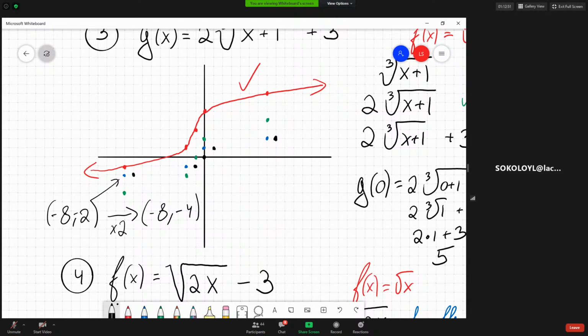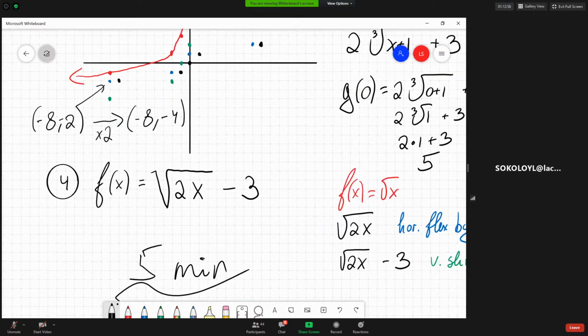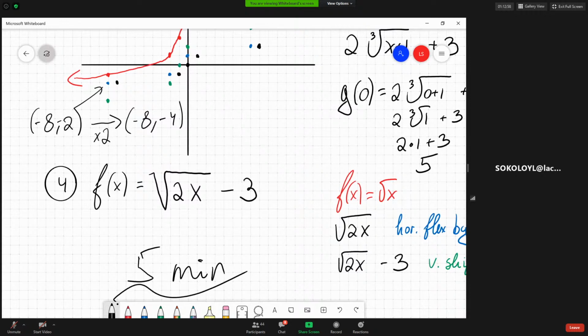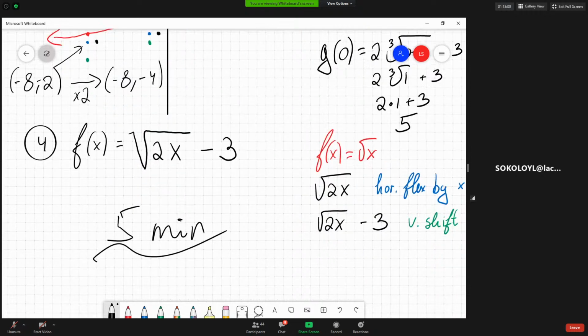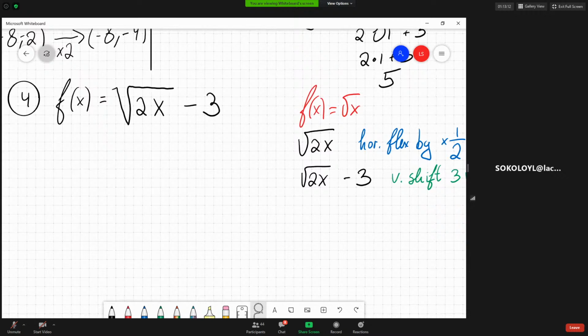For number 4, however, this multiplication factor is inside, right? This 2 is inside the function, which tells me it's a horizontal flex. And we know that horizontal flex is by a factor of 1 over, in this case, 2. So when we apply it, let's see how that would look.